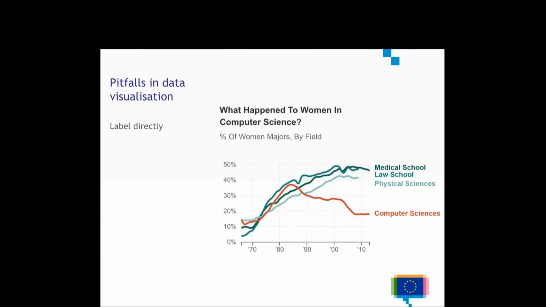So what you should try to avoid is that the reader is losing his or her focus by constantly having to change between the legend and the chart itself. And so what you can do is label things directly. This will usually involve some manual label placement, and sometimes you also run into trouble when values are close together. But if you can, I would advise you to try this technique of direct labeling.